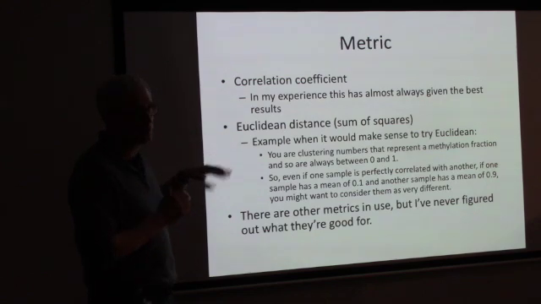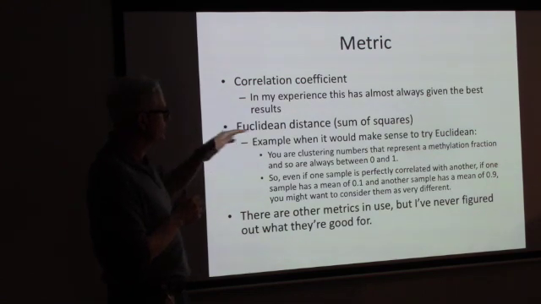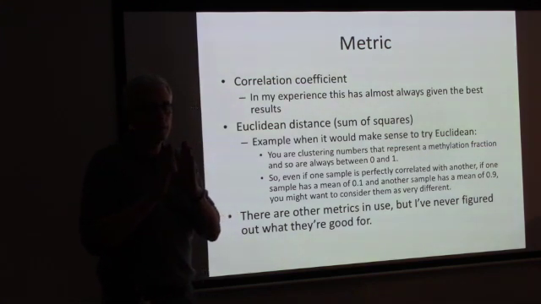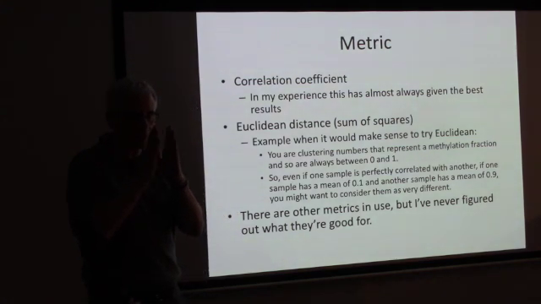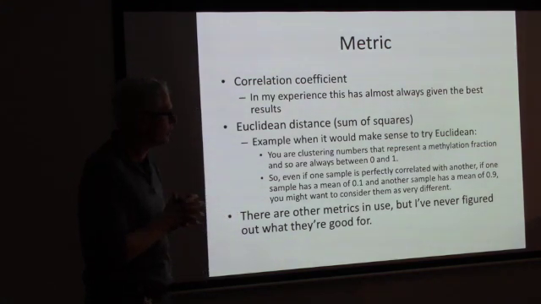Another thing that sometimes makes sense would be Euclidean distance, which is just a sum of squares of the differences of the numbers in this vector.